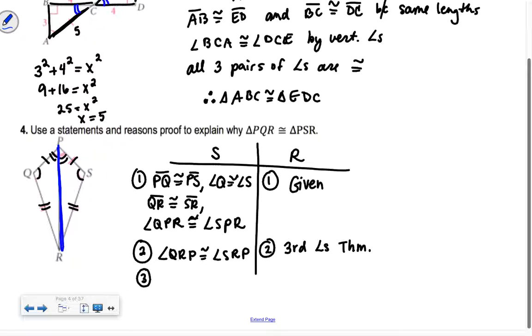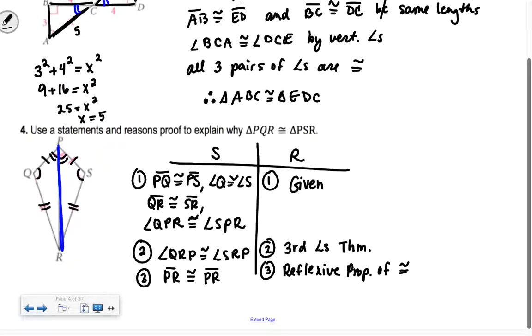So how can I say PR is congruent to PR? Yep, you got it, reflexive property. This would be property of congruence in this case. Okay.